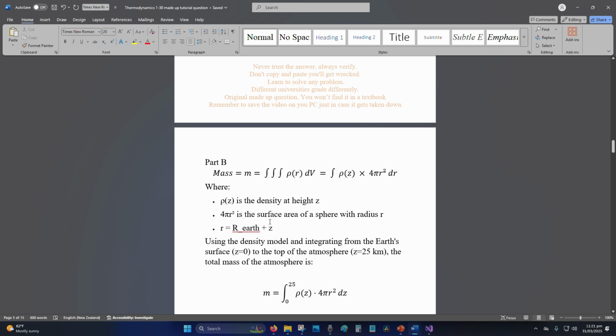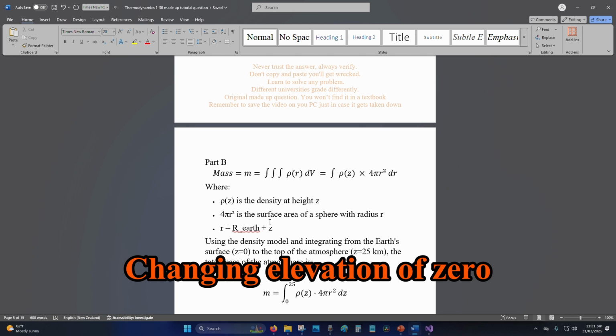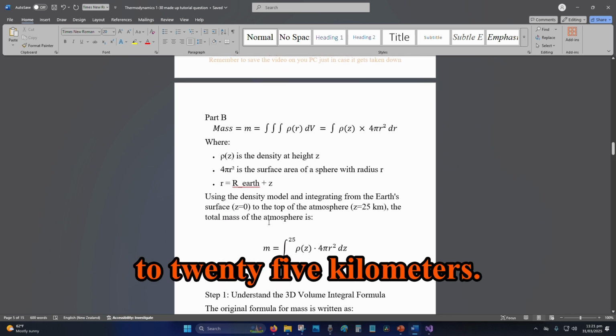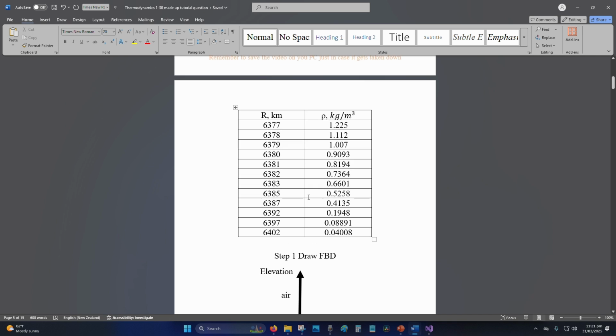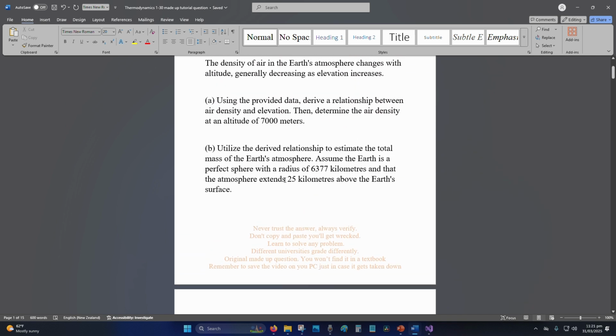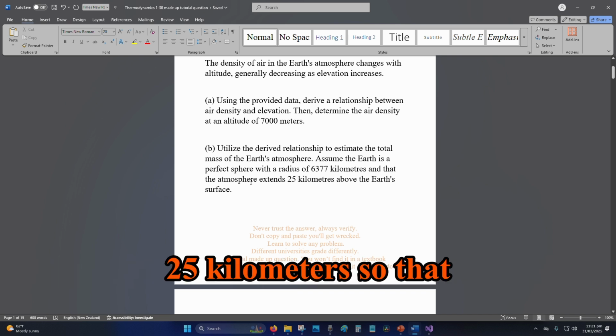And since it is a sphere, and since we have a changing elevation of 0 to 25 kilometers, I believe, yeah. So in part B, they said that it extends to 25 kilometers.